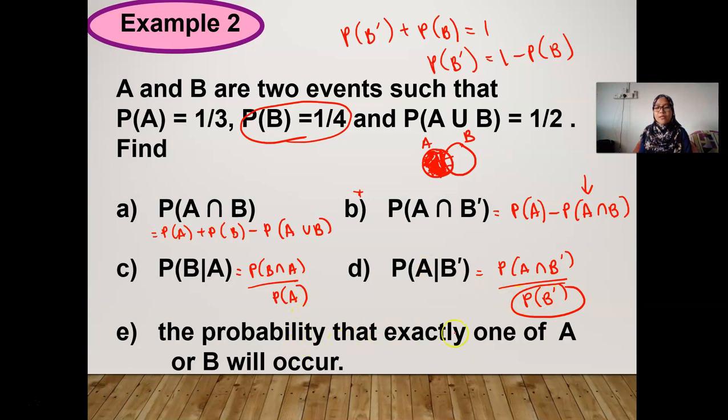Okay, the probability that exactly one of A or B will occur. What does it mean? Probability of A occur intersect with B not occur, or A not occur intersect with B occur.